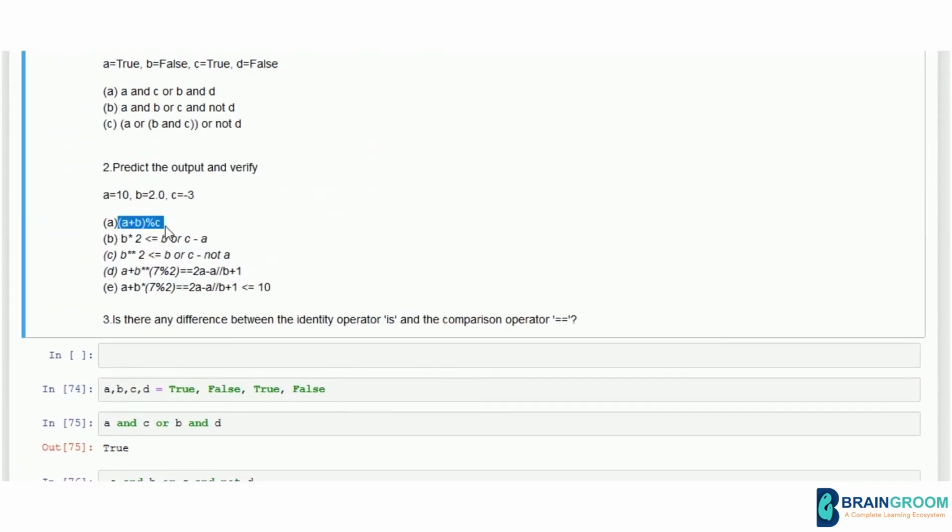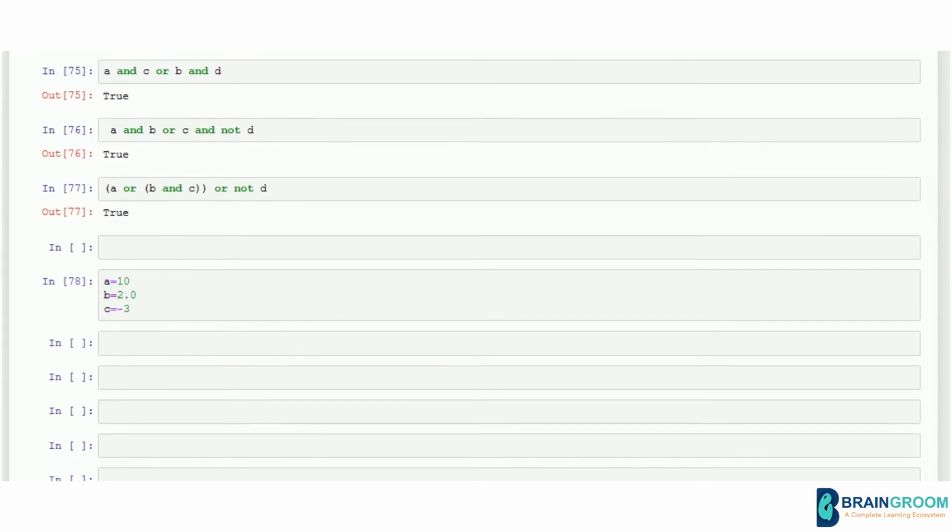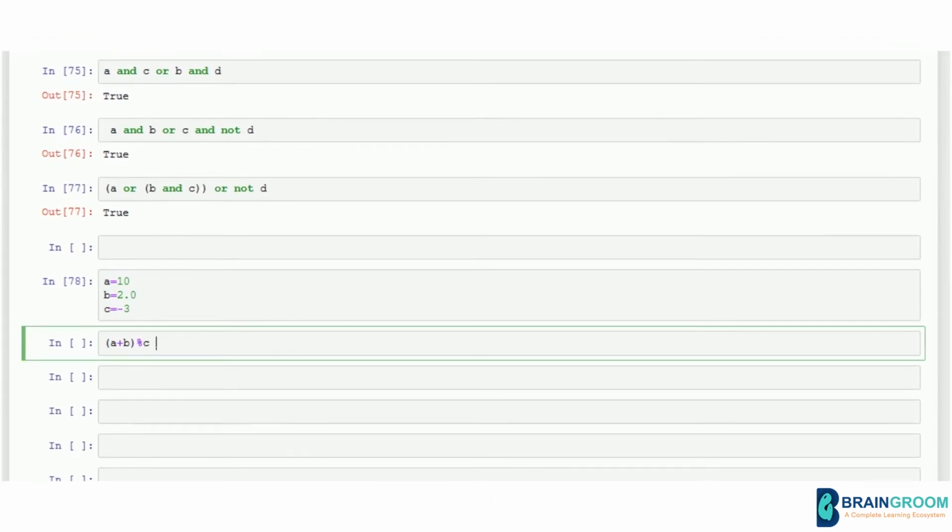First case, A plus B mod C. So we have brackets, so A plus B, 10 plus 2.0. As I said, Python automatically converts your data types if they are compatible. So integer plus float will give you a float. So 10 plus 2.0 is 12.0.